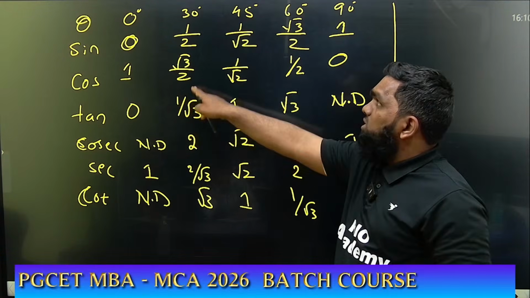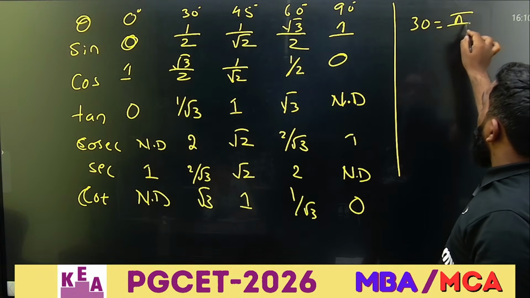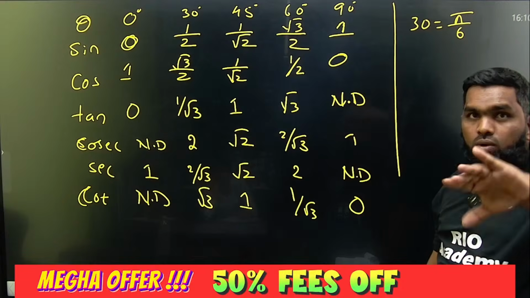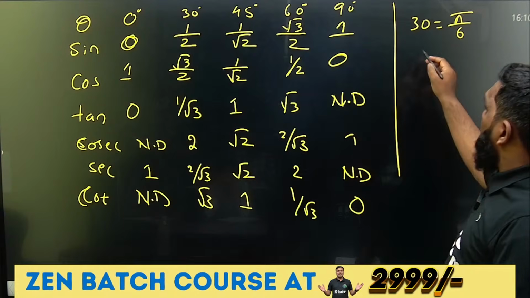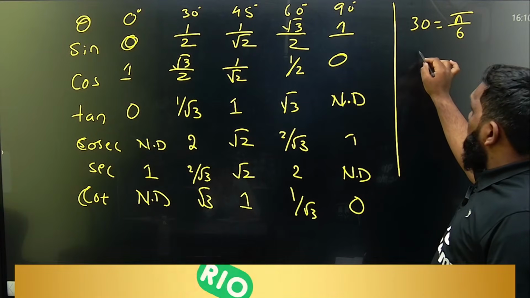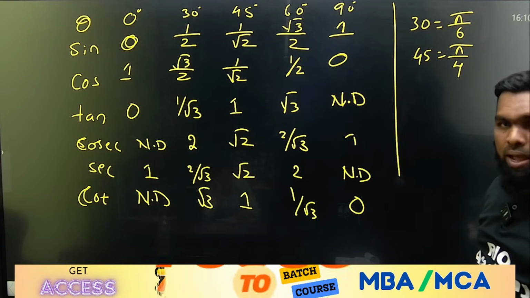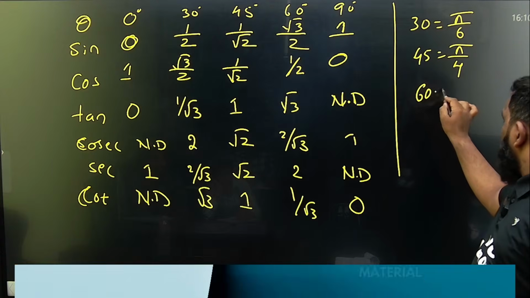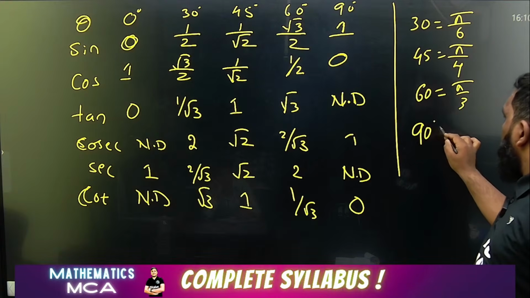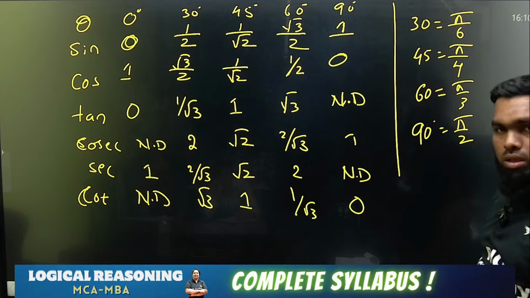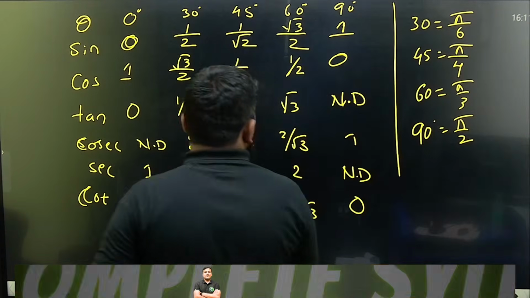The value is given and we have to find the angle. 30 degree is written as π/6, since π is 180 and the sixth part of 180 is 30. 45 degree is π/4, 60 degree is π/3, and 90 degree is π/2. These are some standard values. You must remember these.